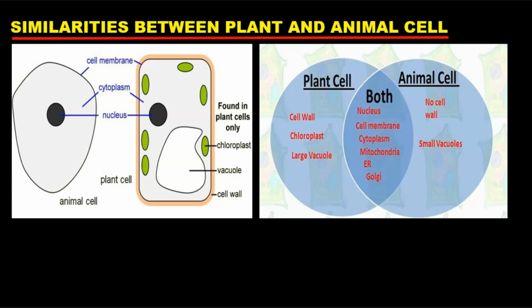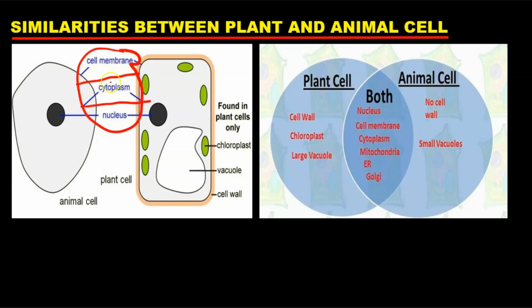If you look at this simple structure of the cell, you find that these that are in blue are common. Okay? So all the cells, that is both plant and animal cells, have these parts. So the similarity is that both plant and animal cell have these parts.